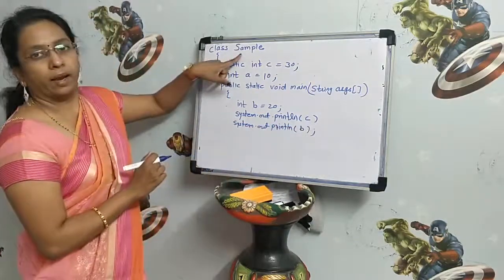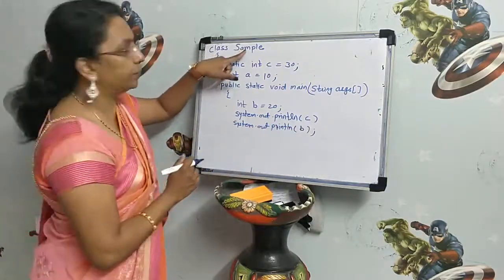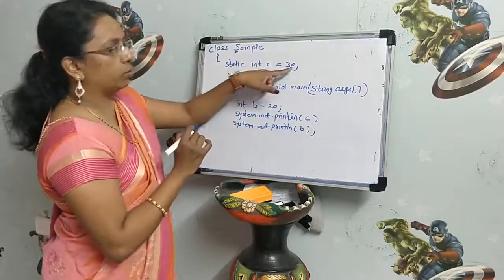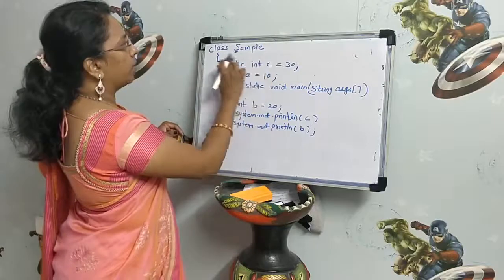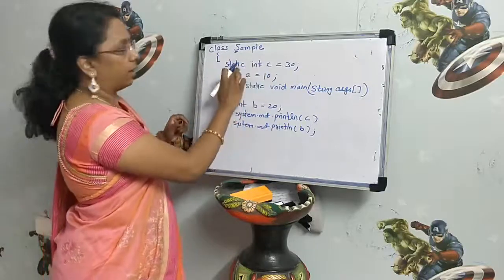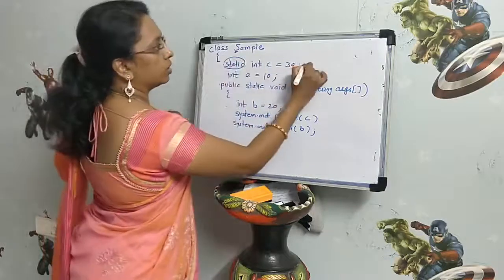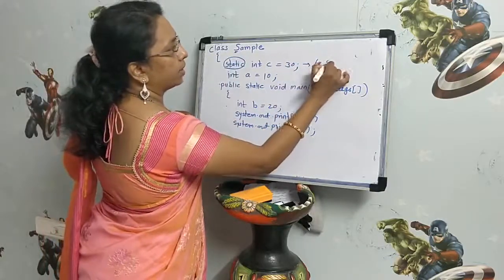Now see, I have defined this class Sample, S is capital, static int c equal to 30. As this variable is declared within the class, and with the keyword static, this is called a static variable.